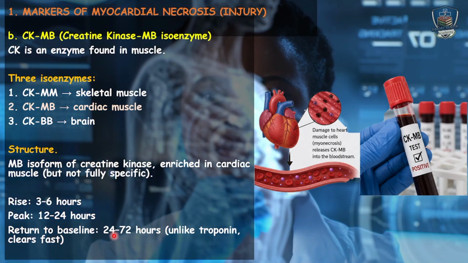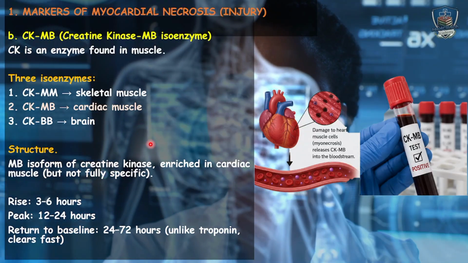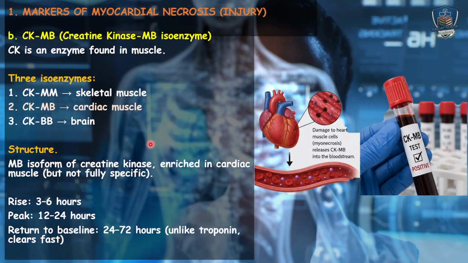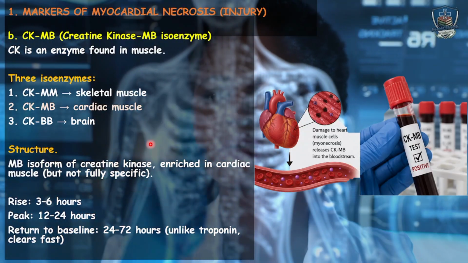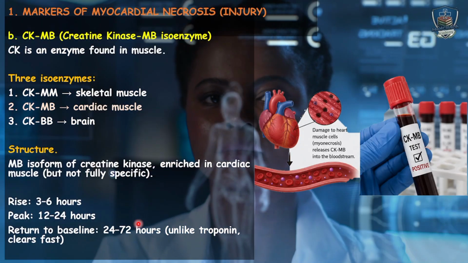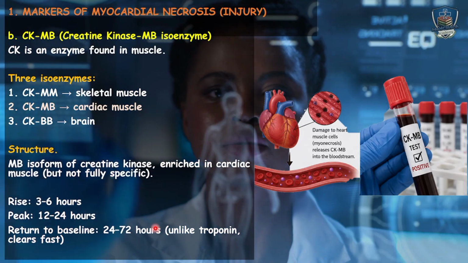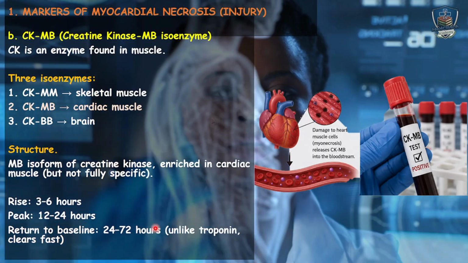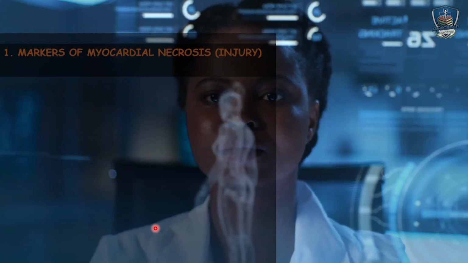So the CKMB is very good when it comes to diagnosing reinfarction, because it tends to return to the baseline quickly, within 72 hours. So when there's a reinfarction, it may again be elevated. So that being said, it's very good for diagnosing a reinfarction.